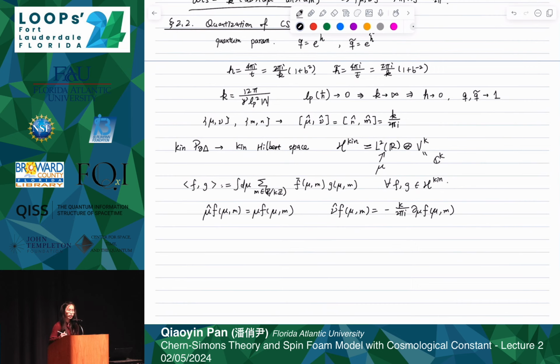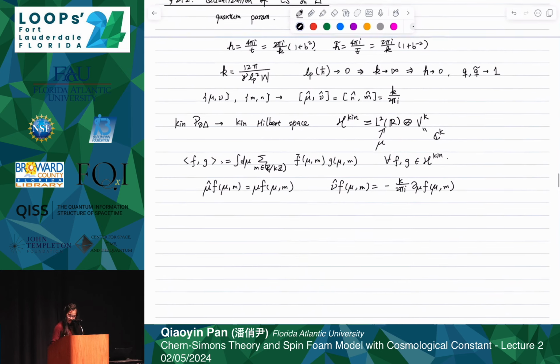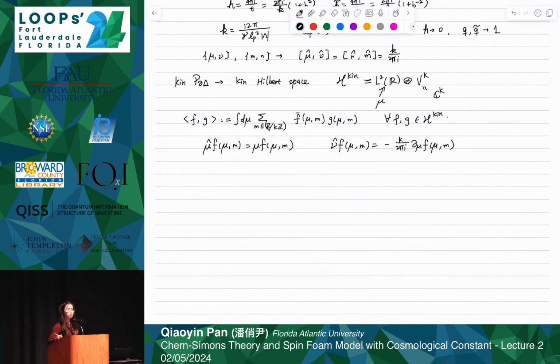And m and n are similar, but they're discrete. So instead of writing them as the derivative operator, we write them as a shift operator. So we write in a slightly different way. For the m, e to the 2 pi i over k m hat acts on the function of the Hilbert space as a multiplication operator.